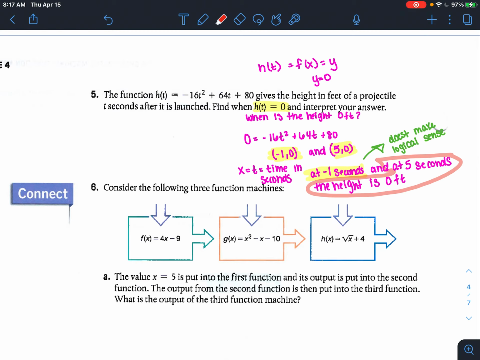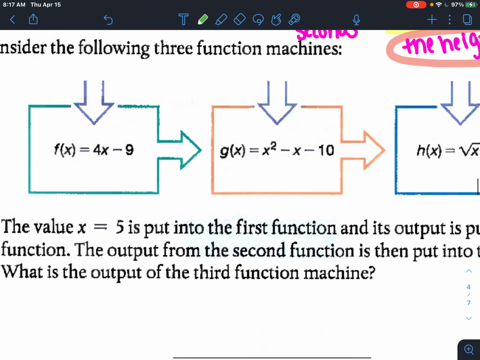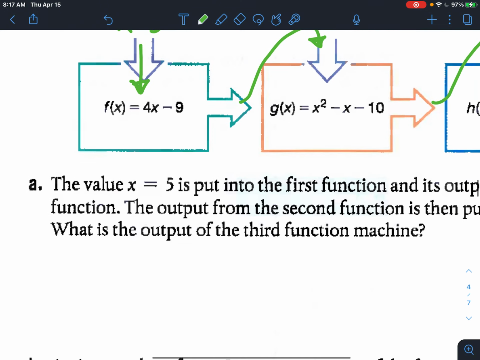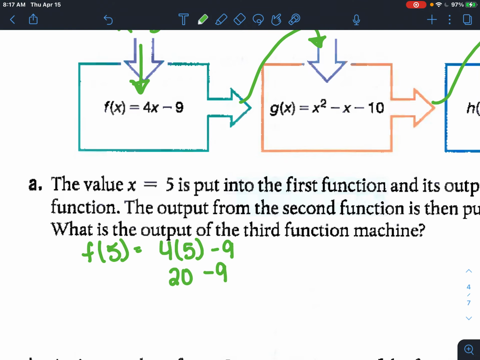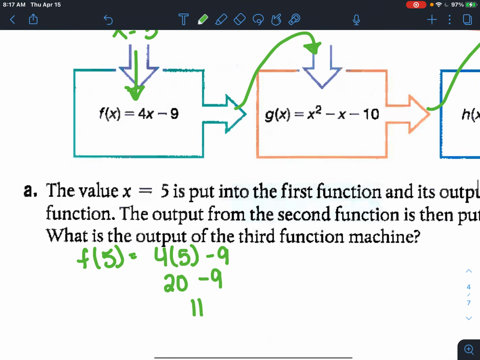So what is the output of the third function machine? So basically what I'm doing is I'm plugging in x equals 5 here, and then my answer is going to go here, and then that answer is going to go here. So f of 5 equals 4 times 5 minus 9. So 20 minus 9, that'll equal 11.